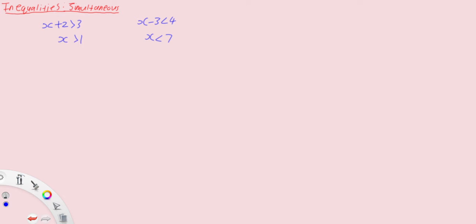One way to visualize it is to use a number line. We have 1 on the left, 7 on the right. To satisfy the first inequality, x greater than 1, it will be like this. To satisfy the right inequality, x less than 7, it will be from here. Now the whole point is where do they overlap, and that would be the final answer.